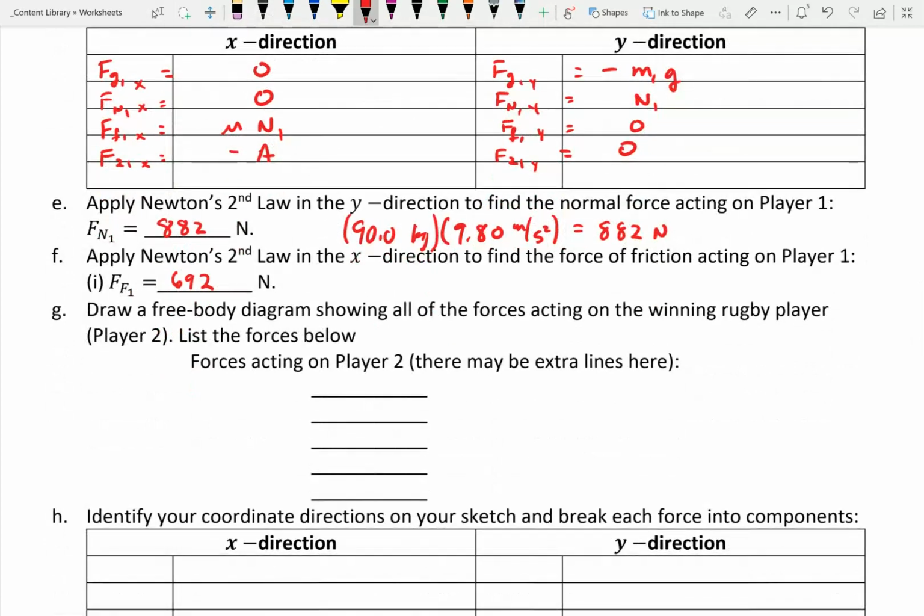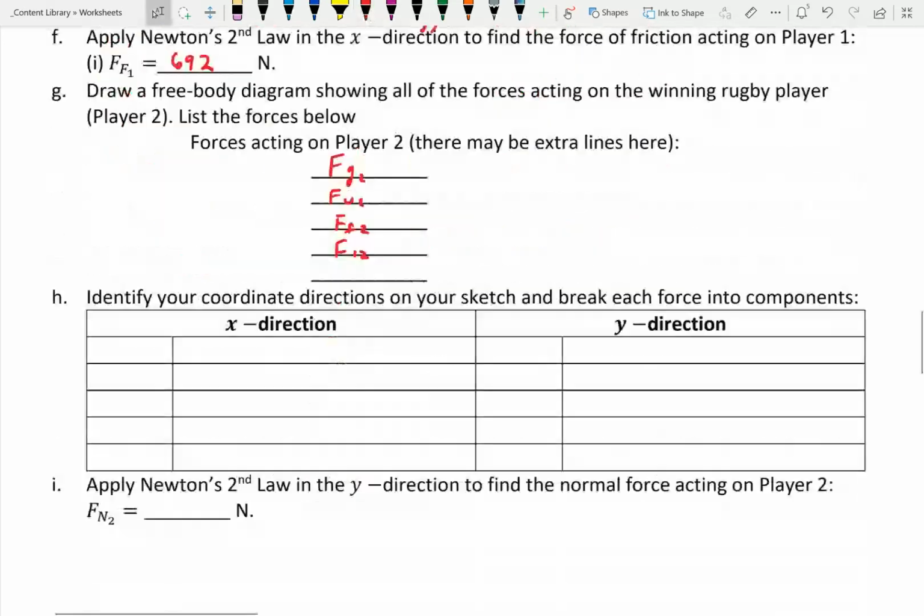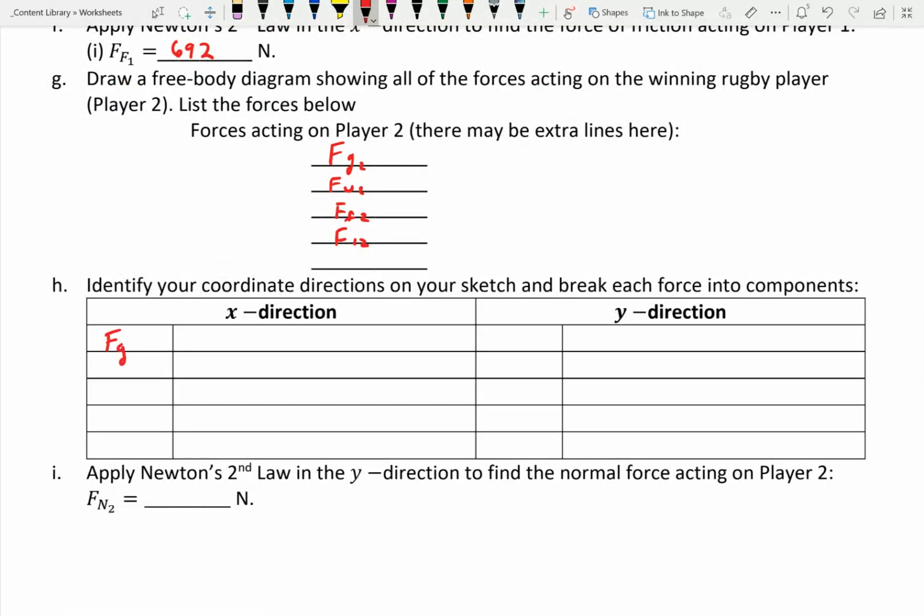So the forces we had were force gravity 2, force normal 2, force friction 2, and force of player 1 on 2. So force gravity 2 in the x direction was equal to 0. Force normal 2 in the x direction, 0. And force friction 2 is equal to minus mu2 normal 2.